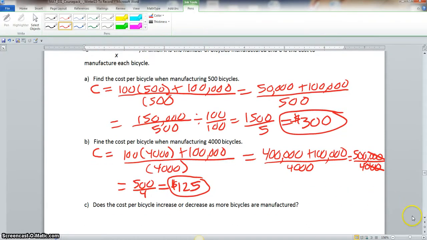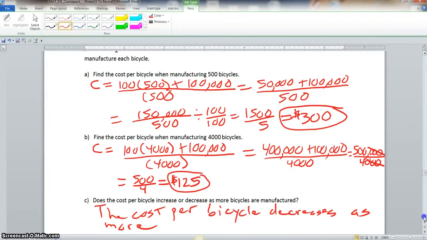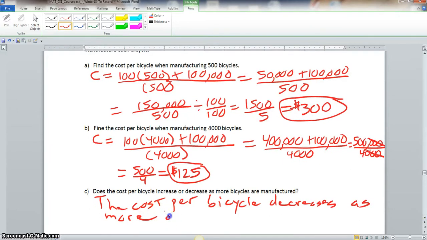Okay, now it says, does the cost per bicycle increase or decrease as more bikes are manufactured? The cost per bicycle decreases as more bicycles are manufactured.